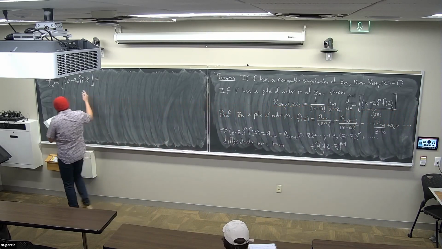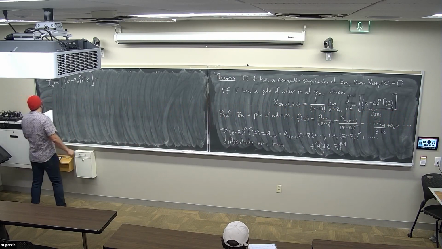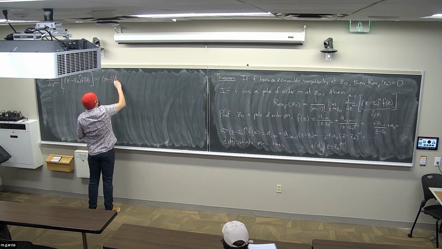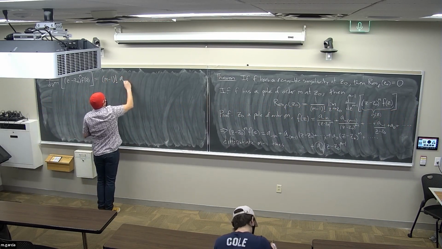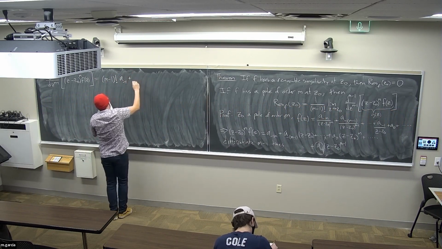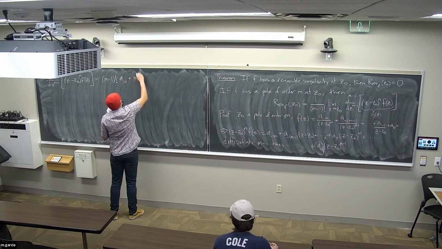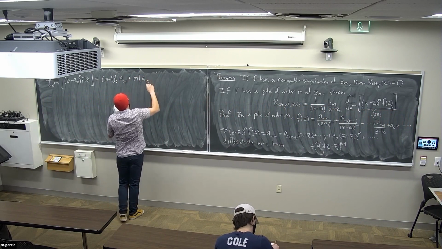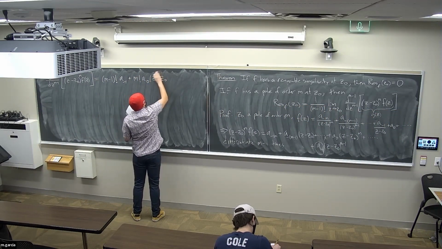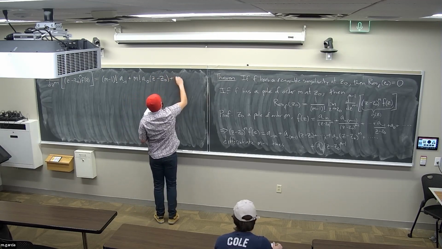So if I differentiate m minus 1 times, what do I get? I get m minus 1 factorial a sub negative 1, plus m factorial a naught times z minus z naught, and so on and so forth.